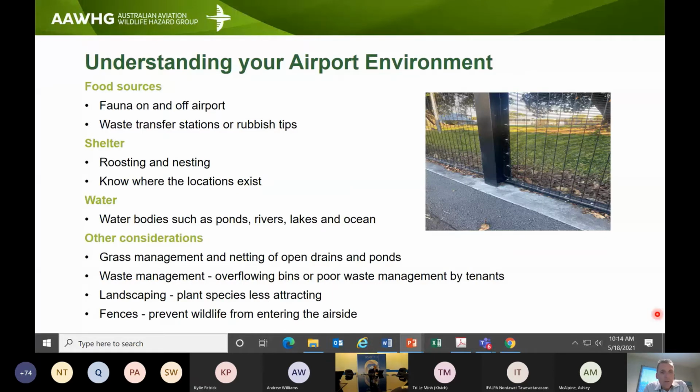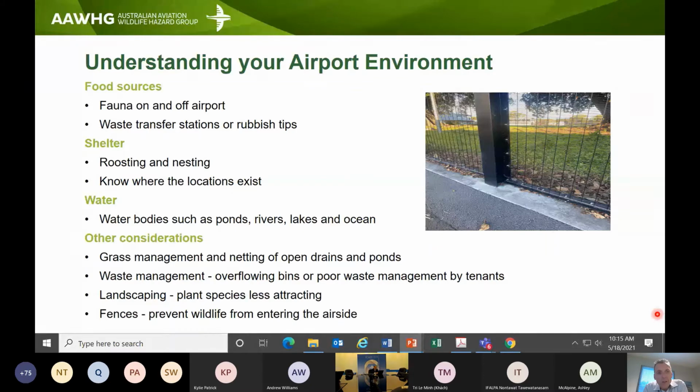They might even be heading towards any waste transfer stations or rubbish tips. So it's important to understand your airport environment off airport, whether that's the reason why you're having a number of strikes due to birds actually transiting across the aerodrome.